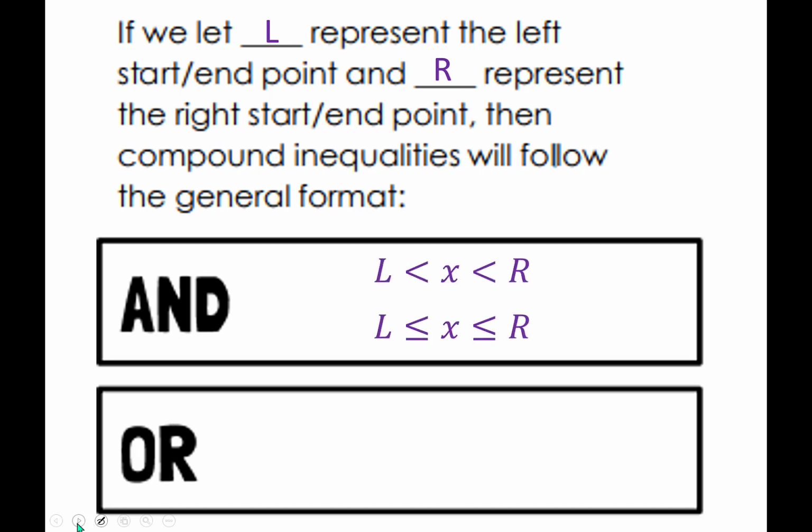If I do an "and", I'm going to do my left point less than x, less than my right side, or with equal to, depending on the circles, and we can do a combination of those as well. And "or" will be x less than the left, or x greater than the right side. Again, we could have the equal to in there as well. So that's going to be our general format.